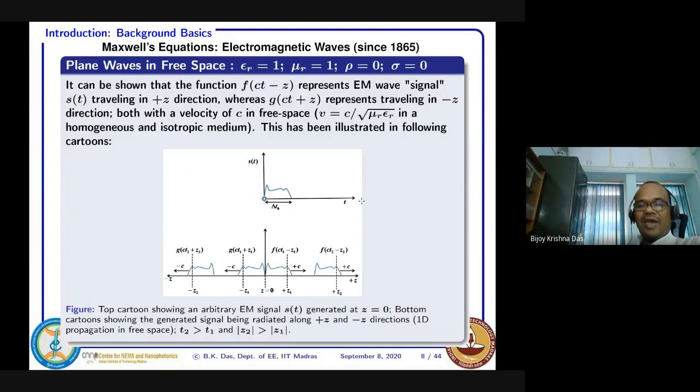If time passes from a certain instant, you will see that the function f(ct minus z) pulls the entire shape towards the right, the positive z axis. For example, at z1, whatever the shape of the function is, you put in c as a constant and the value z1, and that particular instant is t1.